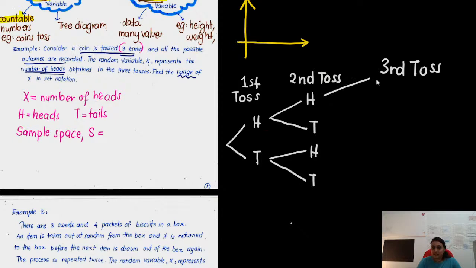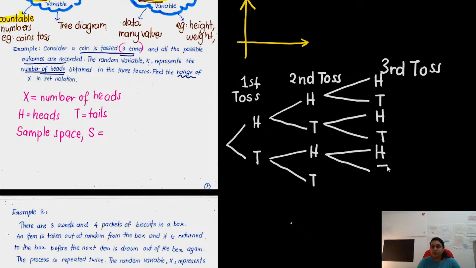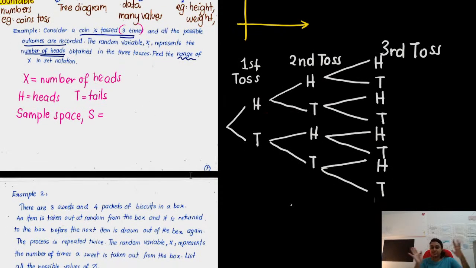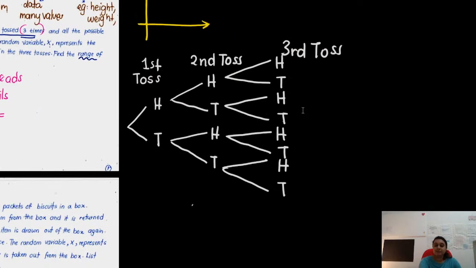For this one we also need to expand the branches, head or tail, and the last one, head, tail. Basically, it's like a branch, isn't it? You open up the branch, and every opening has only two branches.